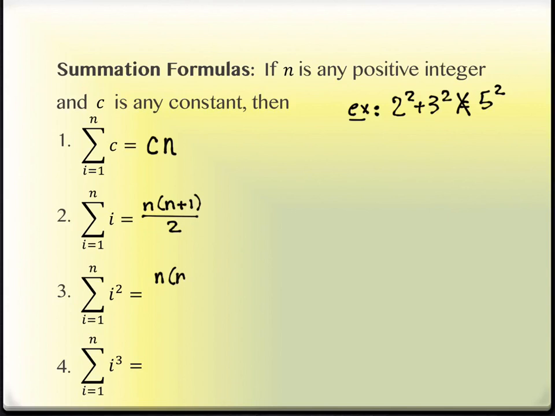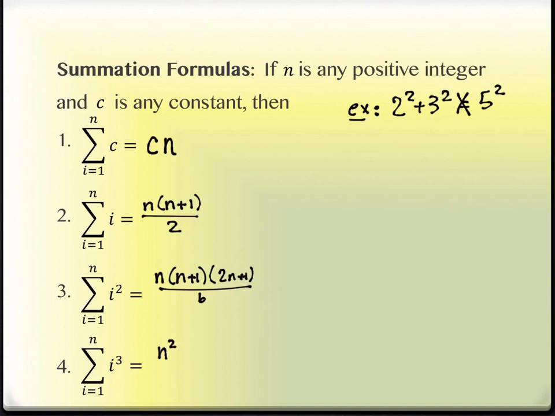You have an n and you have an n plus 1. Those pieces are the same. But you also have 2n plus 1, and it's all divided by 6. And then the last one is cubes, so the sum of the first n cubed numbers.